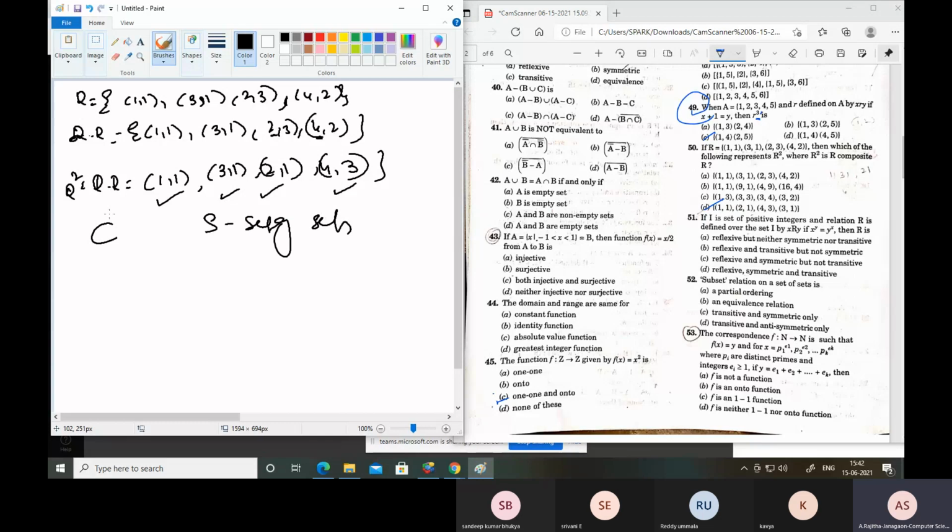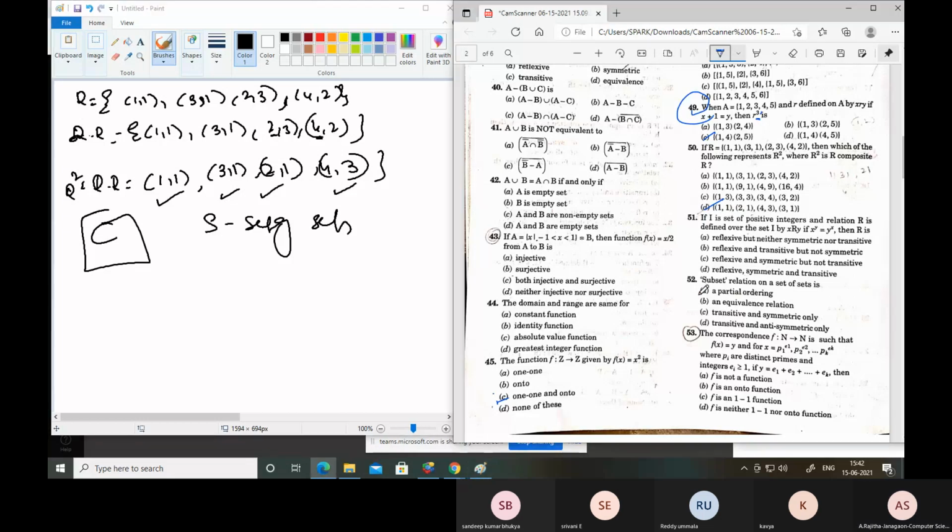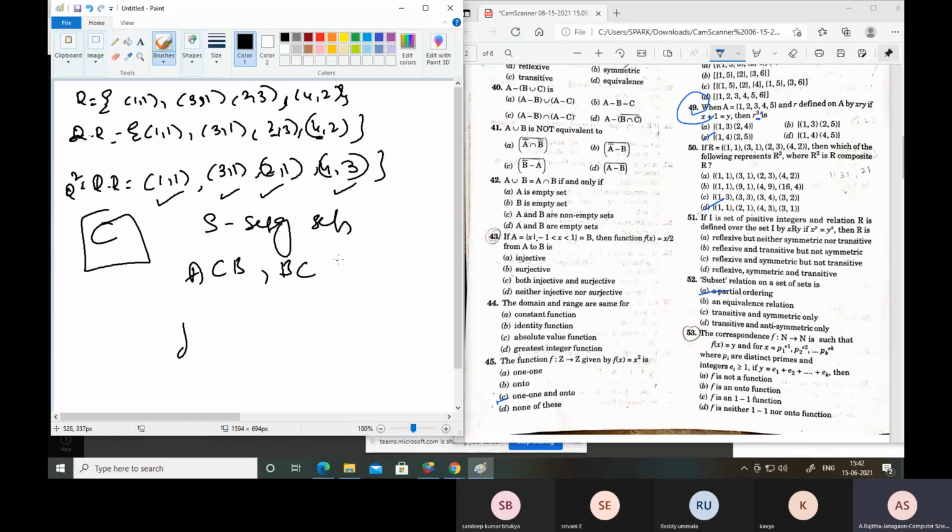So this subset relation on a set of sets, what does it satisfy? We already did problems on this at the time of coset, that is the partial order. When talking about partial order, A is a subset of B but B is not a subset of A, that's why this is the antisymmetric property. So it satisfies the reflexive property, antisymmetric property and transitive property.